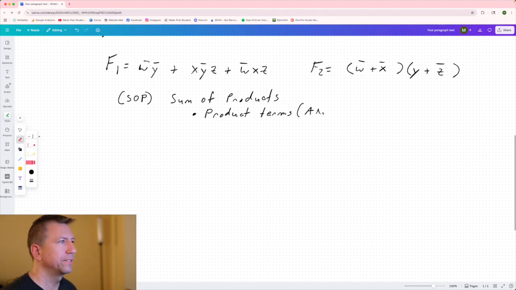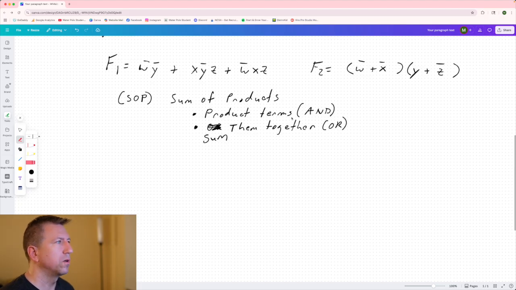So these would be and terms, and then we OR them together, so we sum them together. And so F1 is our sum of products form. We have product terms that are ANDed together, and then we take all those terms and OR them together.